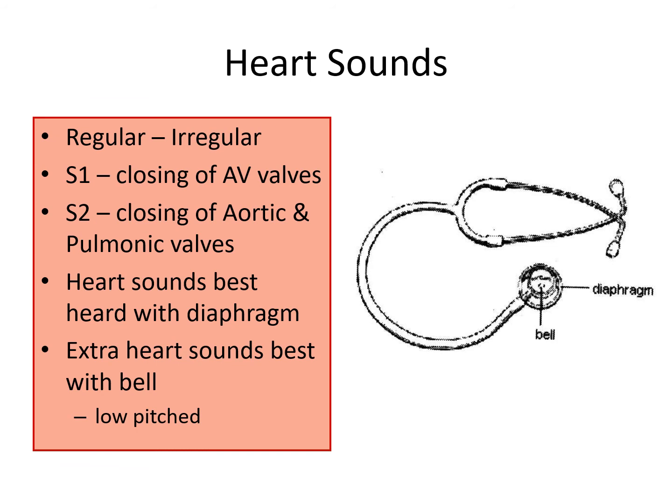The low-pitched sounds can be heard better with the smaller end or the bell of your stethoscope. And this is good for extra heart sounds because we will be learning that you can have an S3 and an S4 as well. And these are extra heart sounds. They can be heard best with the bell.